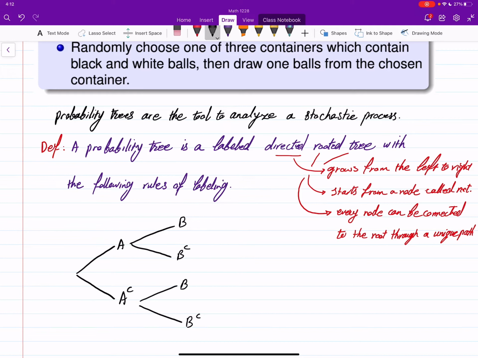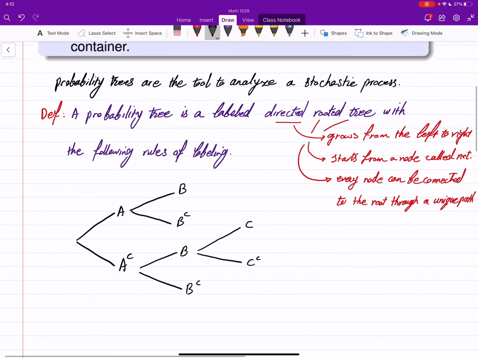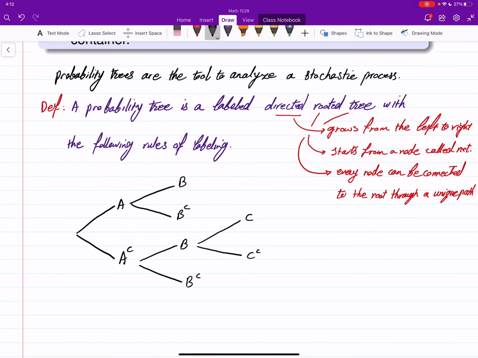And there might be a third one, so I'll just do it something like C and C complement, and this can go on. So far it's like the counting trees, but the point is that the labels that we use for the probability tree are different.